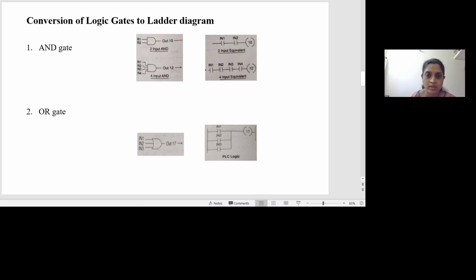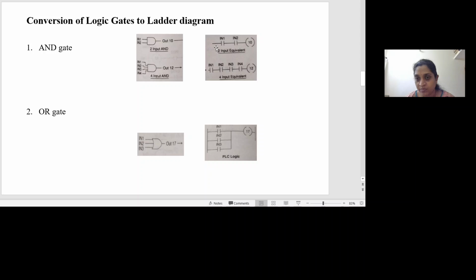Now, let us see an example of how we convert all four logic gates to a ladder diagram. The first one I have taken is the AND gate. Here you could see I have a two input AND gate. IN1 and IN2 are the inputs. Out 10 is the output. The equivalent ladder diagram for a two input AND gate is shown in this diagram.